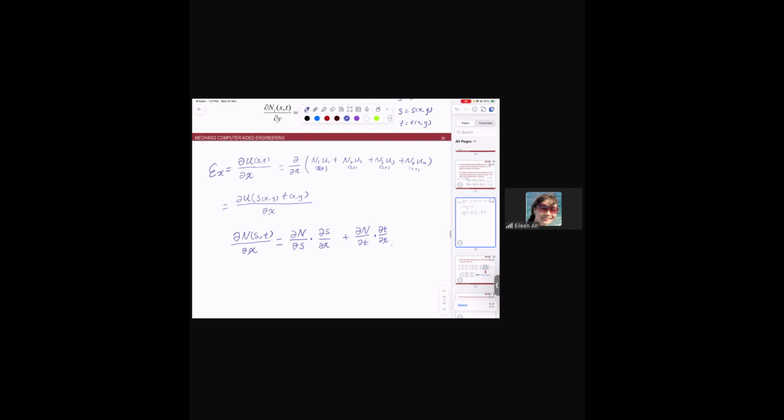Okay, similarly, to calculate partial N over partial Y, we can use the same method. So we have another equation: partial N over partial S times partial S over partial Y, plus partial N over partial T times partial T over partial Y. Okay, then we have two equations.